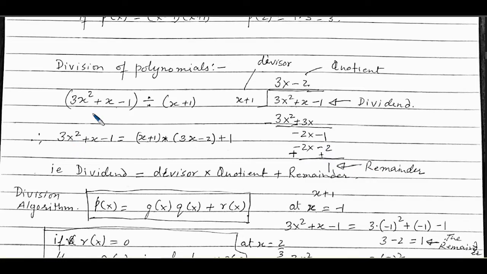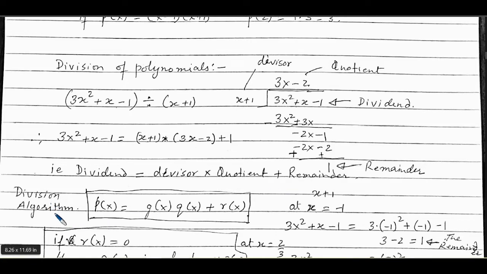So therefore I can write this dividend, the polynomial 3x squared plus x minus 1. How do you write it? Whatever the dividend is, it equals your divisor times quotient plus the remainder. So dividend is equal to divisor into quotient plus remainder.